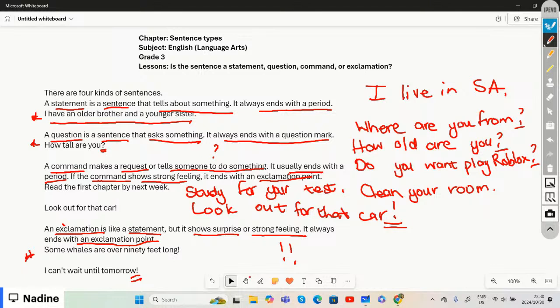All right. And when it comes to an exclamation type of sentence, it shows strong feelings. Yes, it is a statement, but it expresses strong feeling and it ends with an exclamation point.